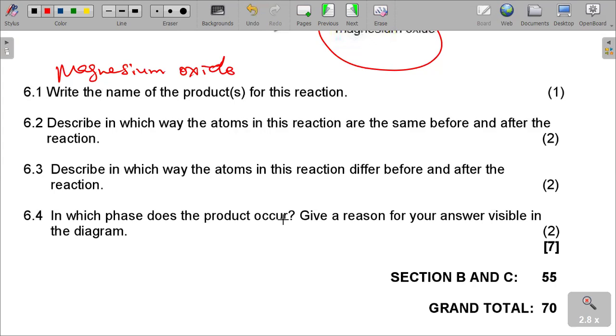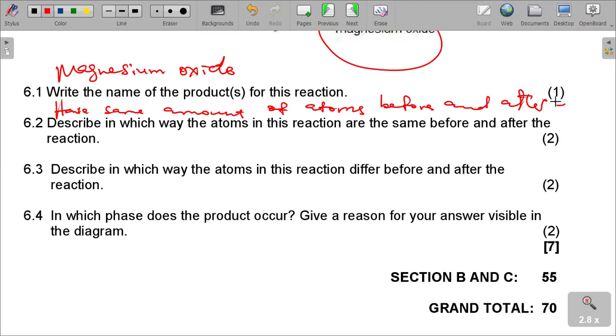We have the same amount of atoms before and after the reaction.